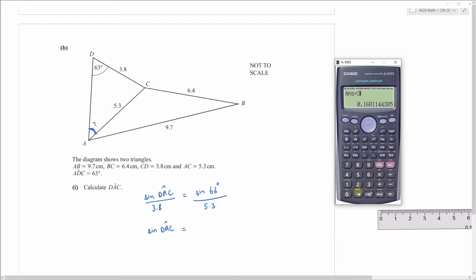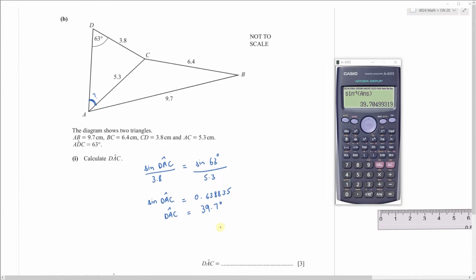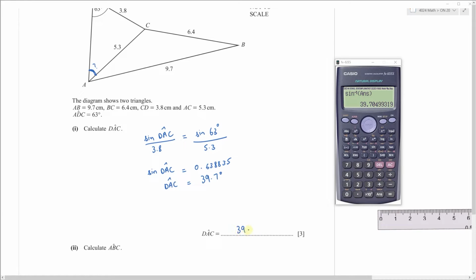So multiplied by 3.8. So this will be 0.638835. And angle DAC will be sine inverse of this. So if I take sine inverse of this, I will get 39.7 degrees. So 39.7 degrees will be your angle DAC.